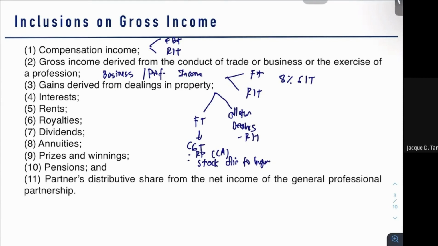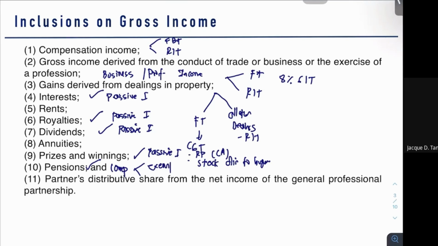We also talked about interest, royalties, dividends, and prizes and winnings as part of passive income taxation. Pensions we already discussed as part of compensation. We know when they are exempt and when they are taxable.